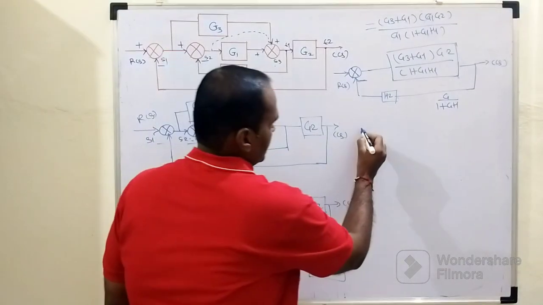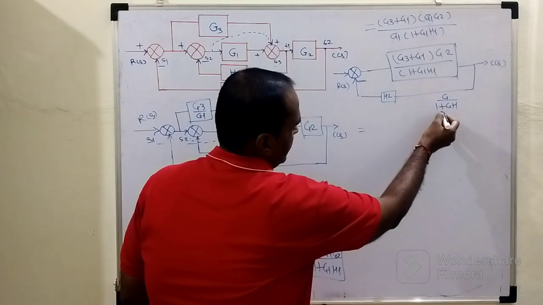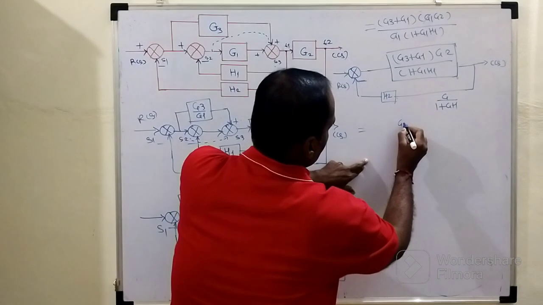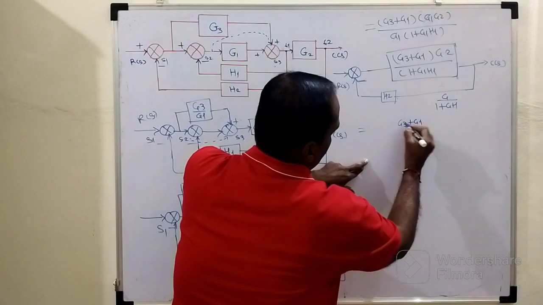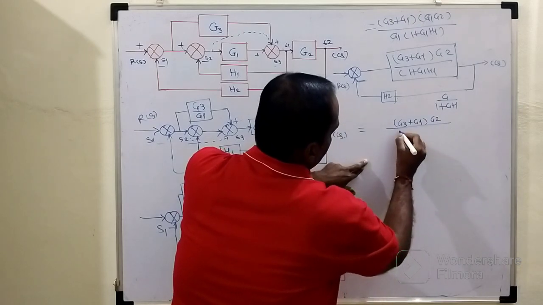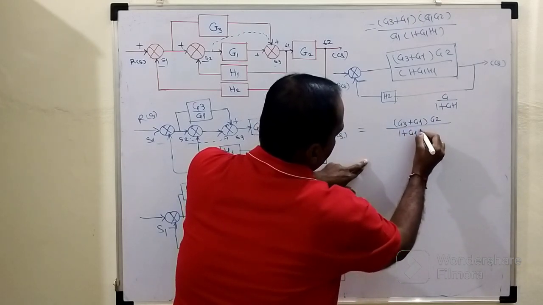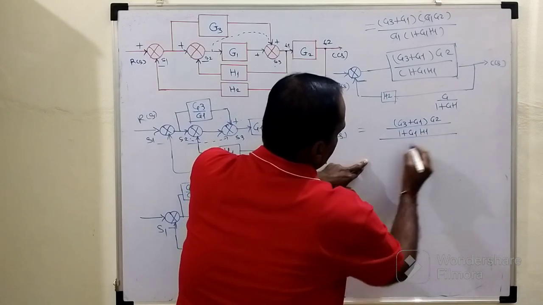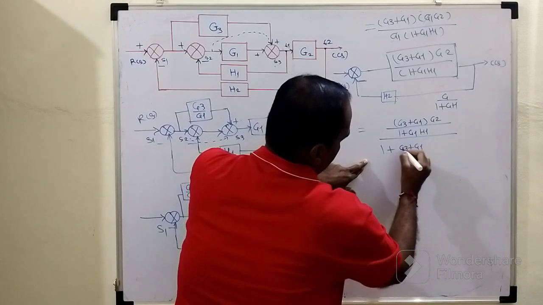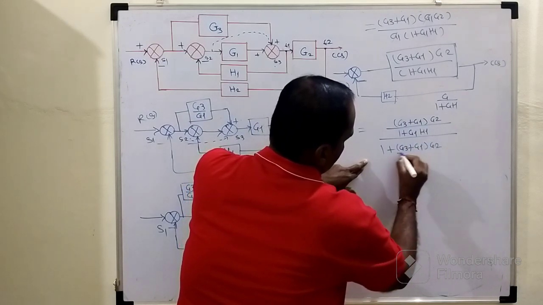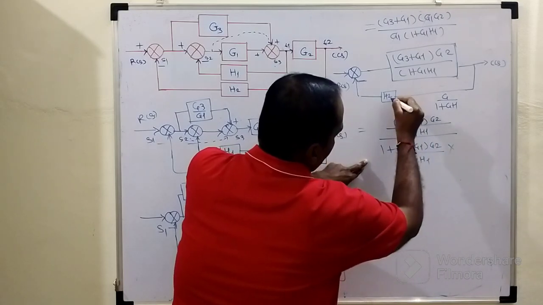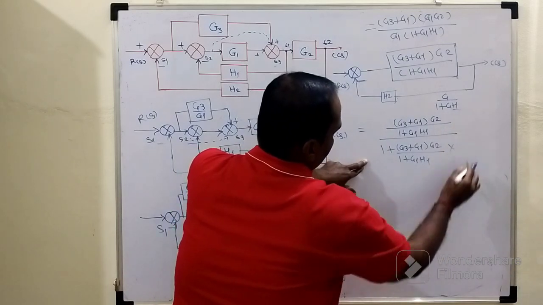So our overall transfer function will become G divided by 1 plus G times H. Here G is this whole term, so it will become (G3 + G1) into G2 divided by its denominator 1 plus G1 into H1, this whole term divided by 1 plus, one more time the G term, (G3 + G1) into G2 divided by 1 plus G1 into H1, multiplied by the gain of the feedback path.